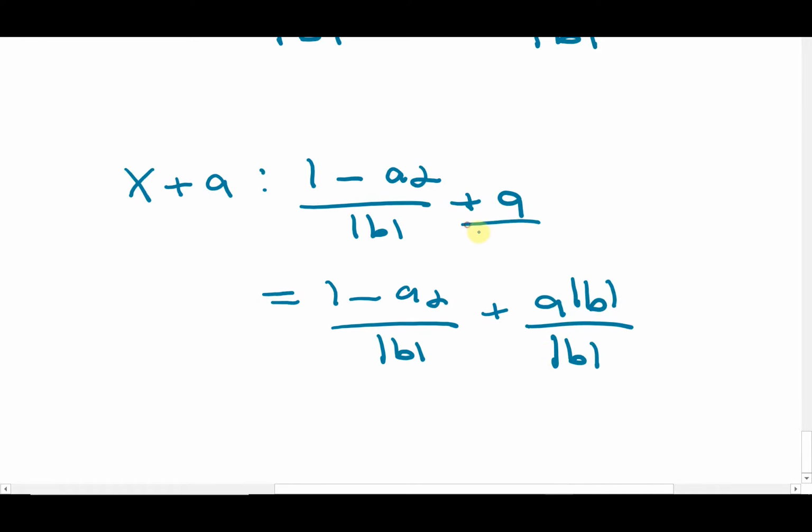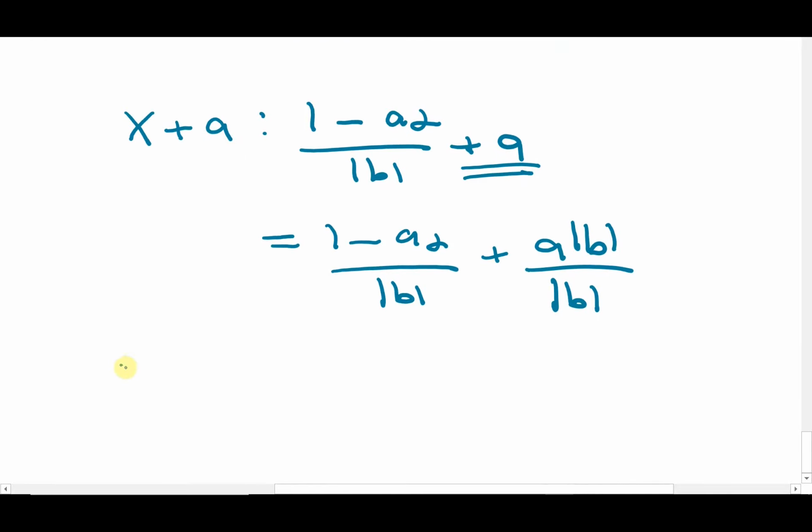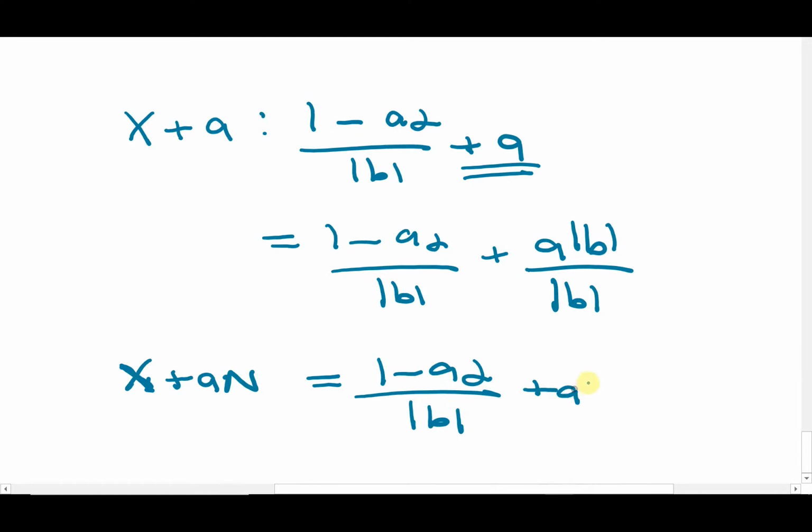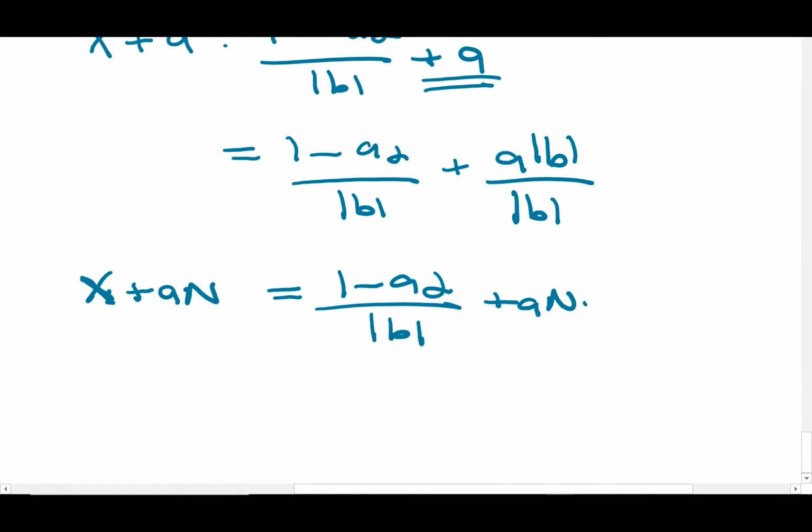If we generalize this and we do x plus a times n, we just have 1 minus A alpha over absolute value b plus a times n, where n is a natural number, which could be 1, 2, and any value.